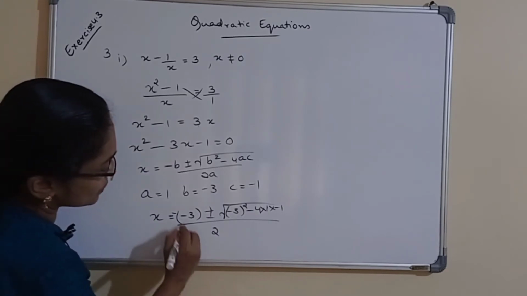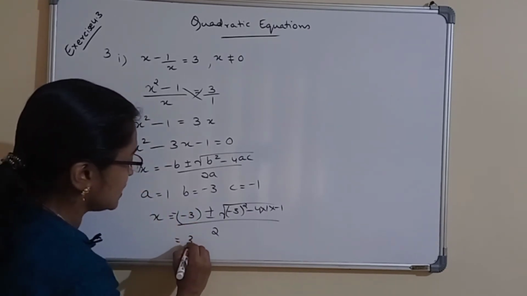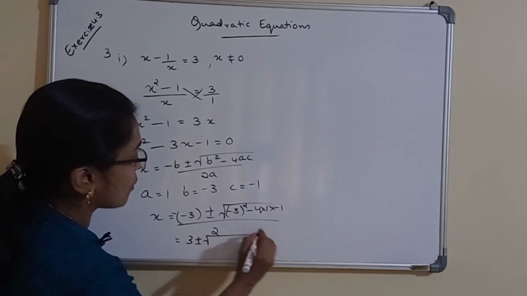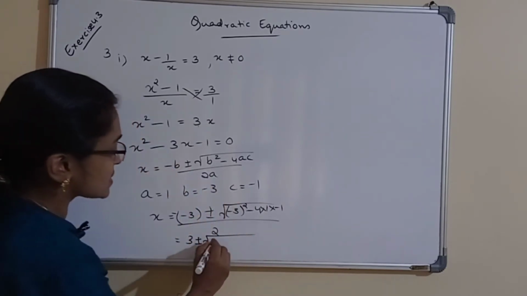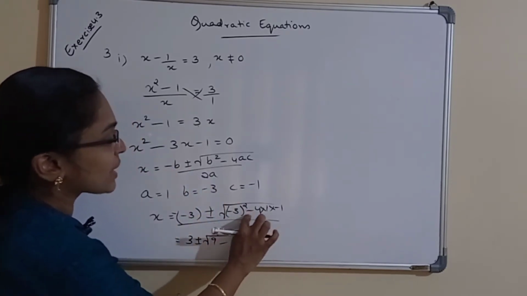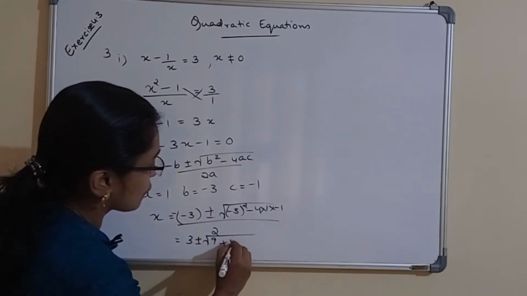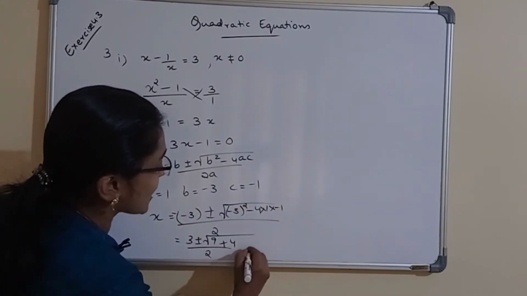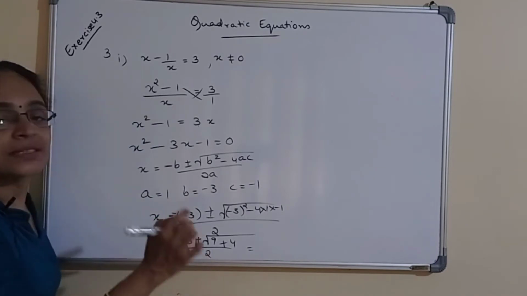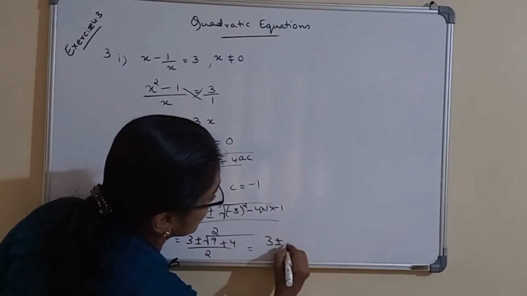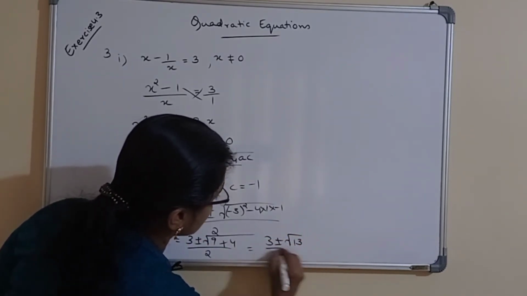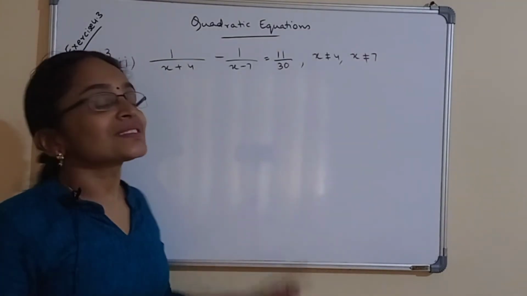So this is equal to minus of minus 3 is 3 plus or minus root of minus 3 the whole square is 9, minus of minus is plus 4 by 2, and that is equal to 3 plus or minus root 13 by 2. Now solve this equation.